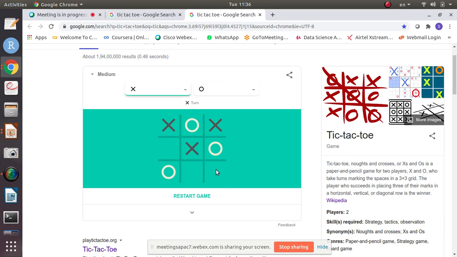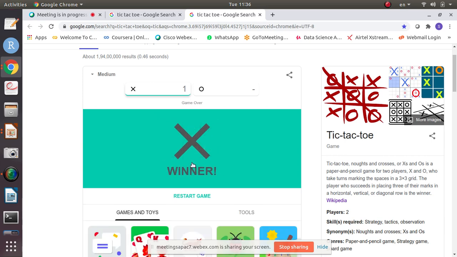It cannot block both at the same time because it has to play only one step. So it tried to block my row one, but my this diagonal is left unaddressed. Therefore, I am free to use this. So I won this game. I hope you understand what we are talking about.